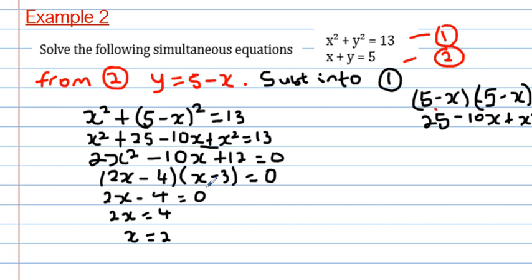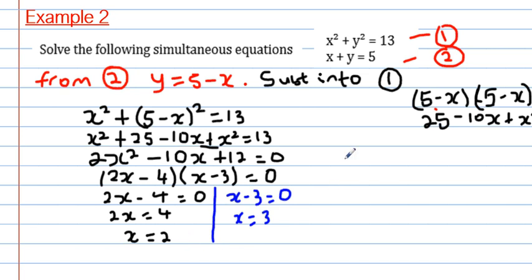Now the second bracket, x minus 3 equals 0, so x equals 3. Like we did in the first example, we're going to substitute these values of x into the equation so that we can get y.